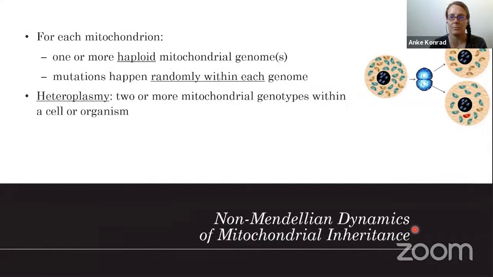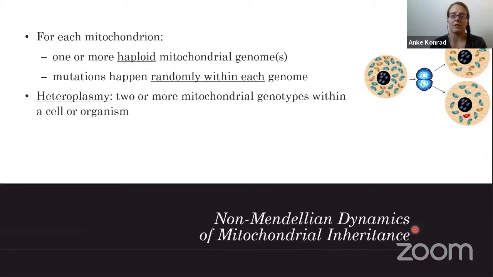Now, the first thing to keep in mind about the mitochondrial genome dynamics is that the inheritance of these genomes is non-Mendelian. First of all, you have a haploid genome rather than a diploid one, and any given mitochondrion can actually have more than one genome at a time.